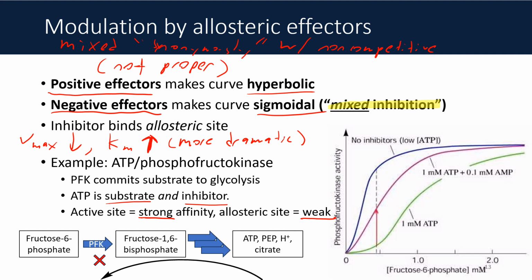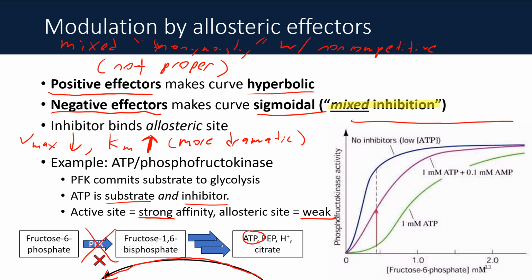The ATP made from glycolysis begins to trickle back and starts to shut down the enzyme that commits substrate to glycolysis, PFK. We can see that in the following curve over here.